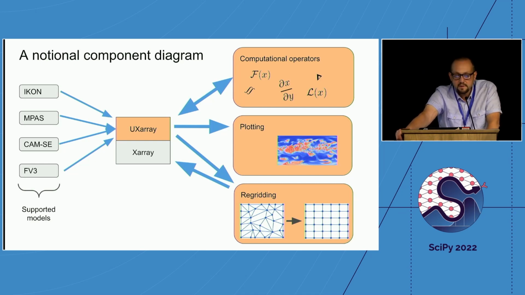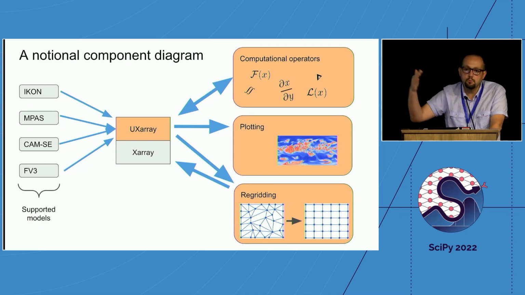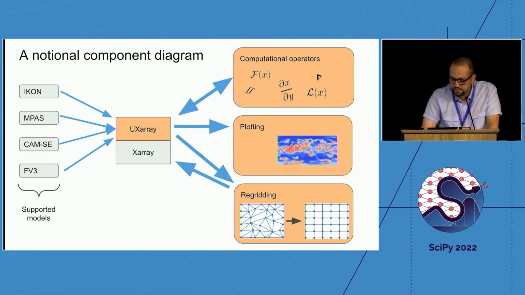UXarray will natively support data models like MPAS and others, but it will also be extensible for people to add other data models for unstructured grid representation. And UXarray is or will be able to run analysis operators directly on irregular meshes, but it will also provide regridding functions as well.